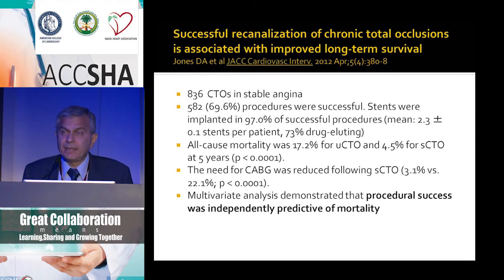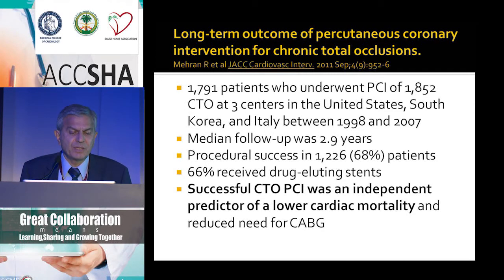Yes, there is data that shows that procedural success in chronic total occlusion was independently predictive of mortality. This was true of another study: successful CTO PCI was an independent predictor of lower cardiac mortality. So if you are successful, you're helping the patient, compared to if you're not successful.